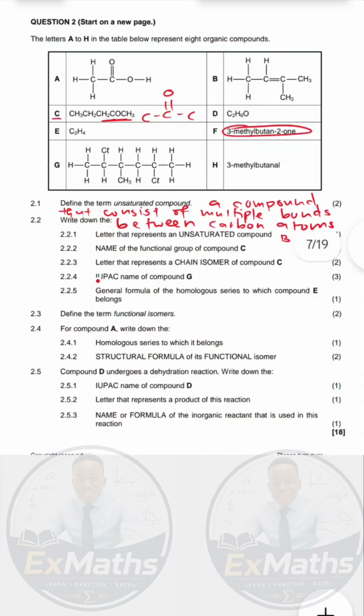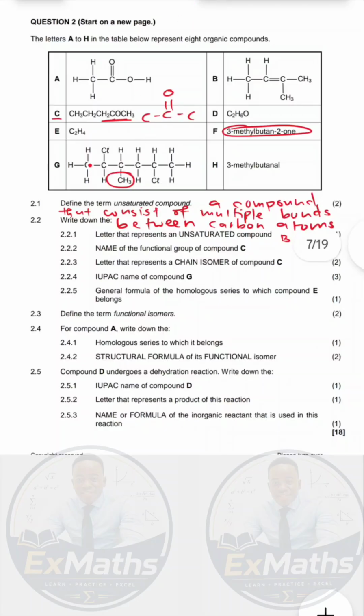Then let's go to 2.2.4. It requires the IUPAC name of compound G. So here's our compound G. Looking at this compound, we need to identify our main chain as well as our subchains and substituents. Our substituents, we have the chlorides. Then we also have this as our subchain or the branched chain.